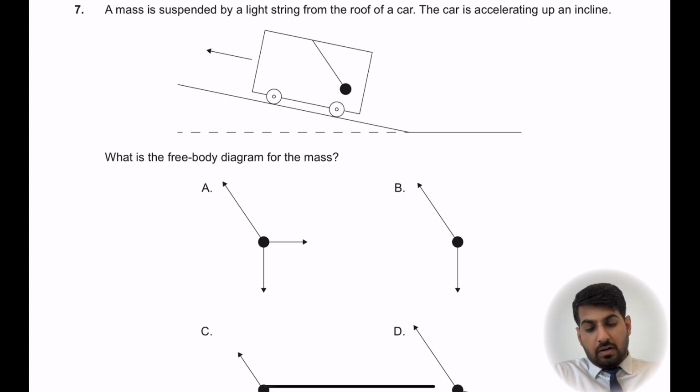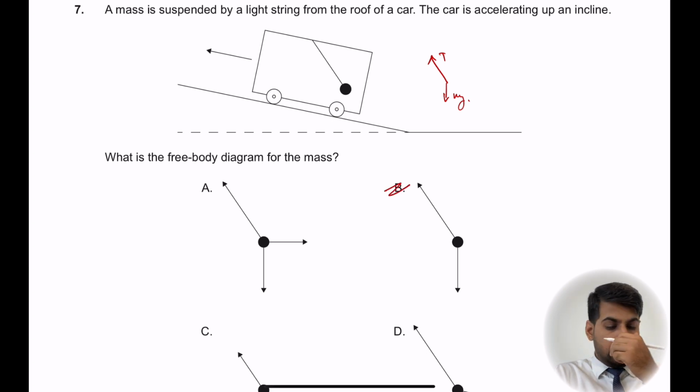So when an object is suspended like this and it is accelerating up an inclined plane, what are the forces acting? There is a tension in this direction, there is a weight in this direction, that's it. No more forces are acting. So option B is the right answer. Only two forces are acting.